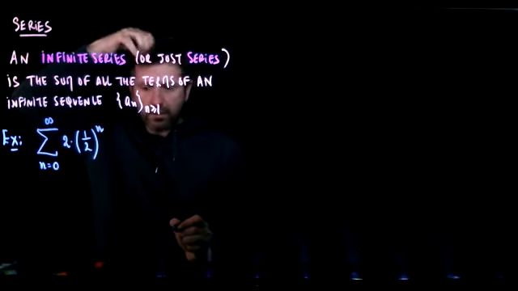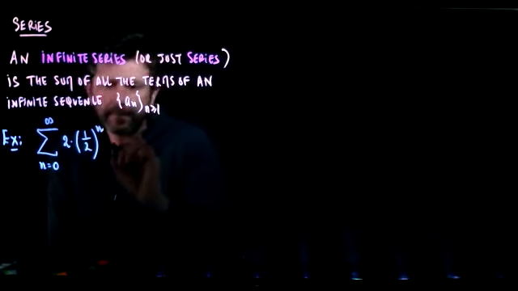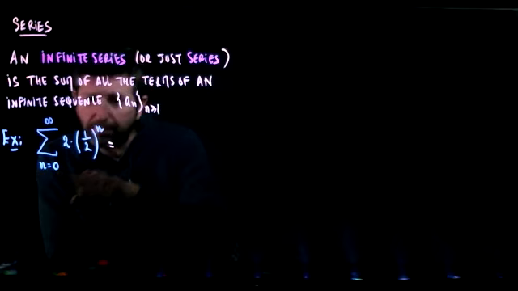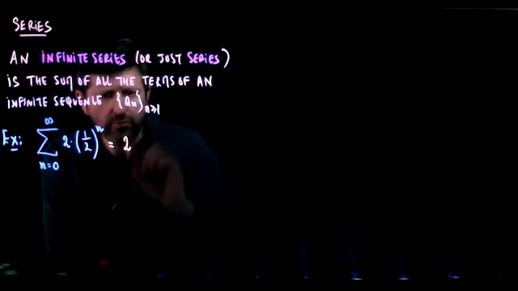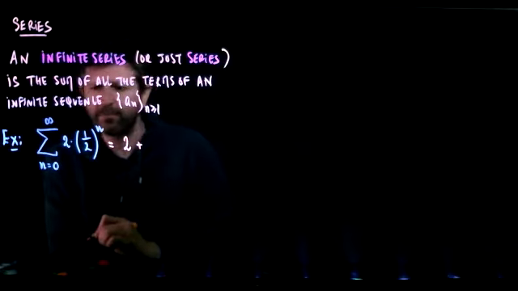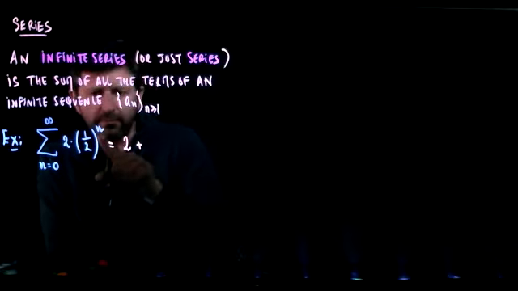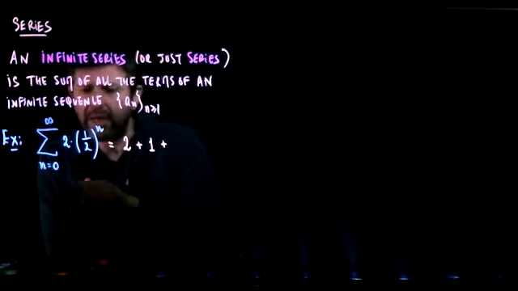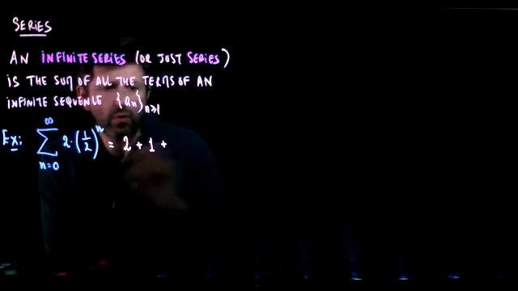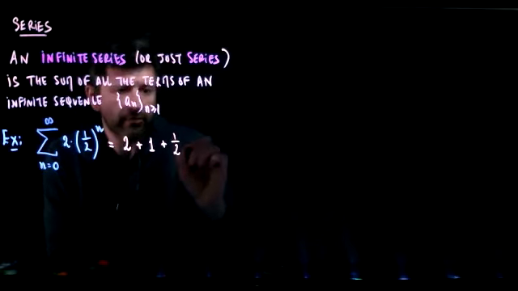What's it going to be? I'm going to plug in n equals 0. I get 2 times the half to the power 0, which is 2. Plus, when n is 1, 2 times 1/2 is 1. Plus, when n is 2, 2 times a quarter is 1/2.